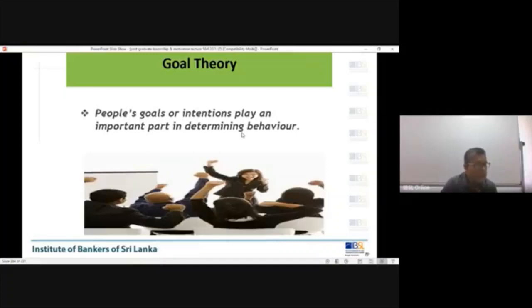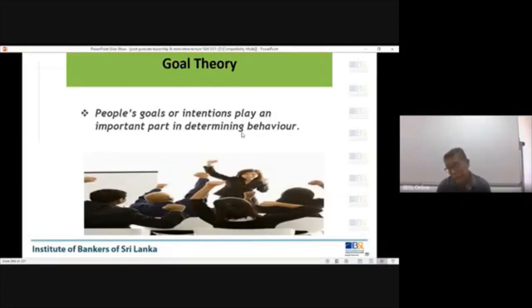Now, in this goal theory, or path goal theory, or goal setting theory, as it is sometimes called, motivation depends on to what extent the employee has identified his targets and goals, to what extent he is well aware of them, and to what extent they are accepted.